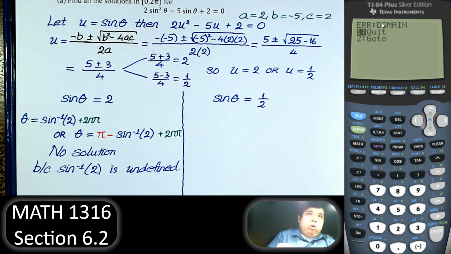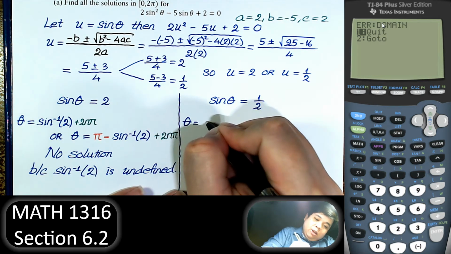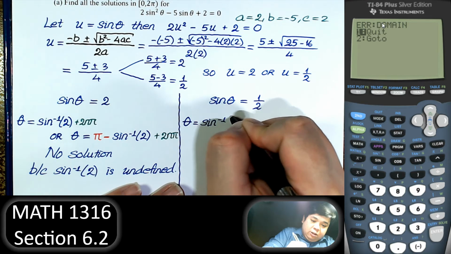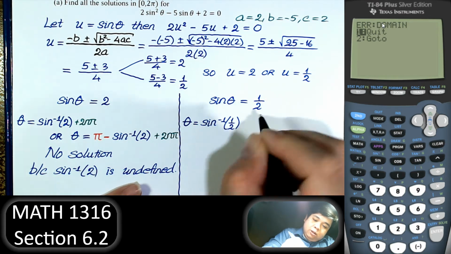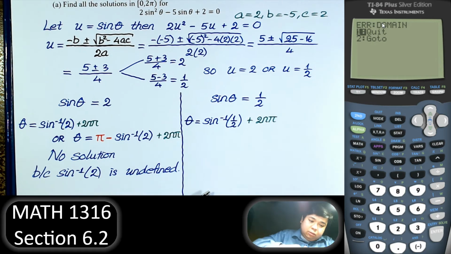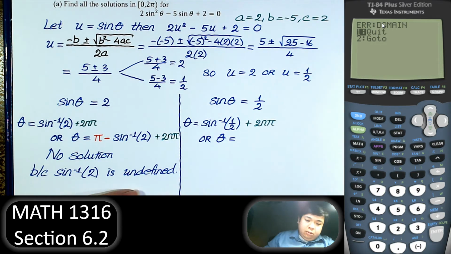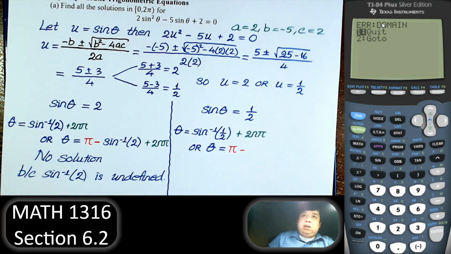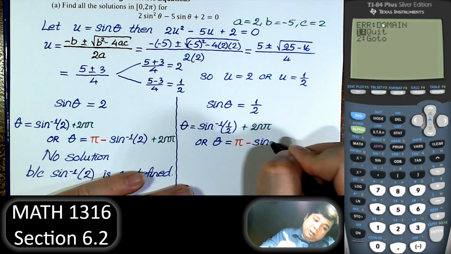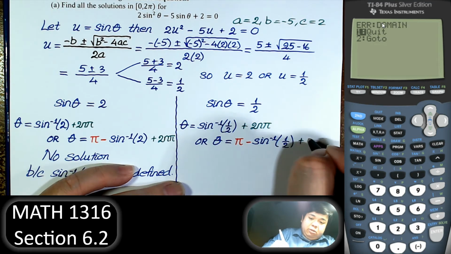Now go back to the 1/2. So sine equal to 1/2. The first thing always is the sine inverse, plus 2n pi. Or the supplement to it. Sine will have the inverse or the supplement, plus 2n pi.